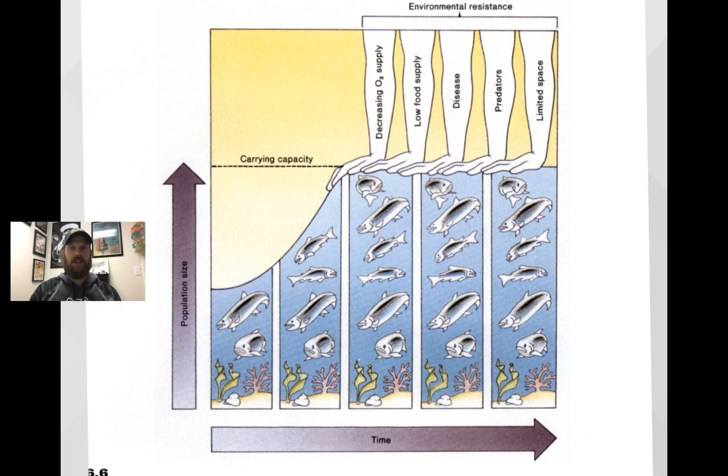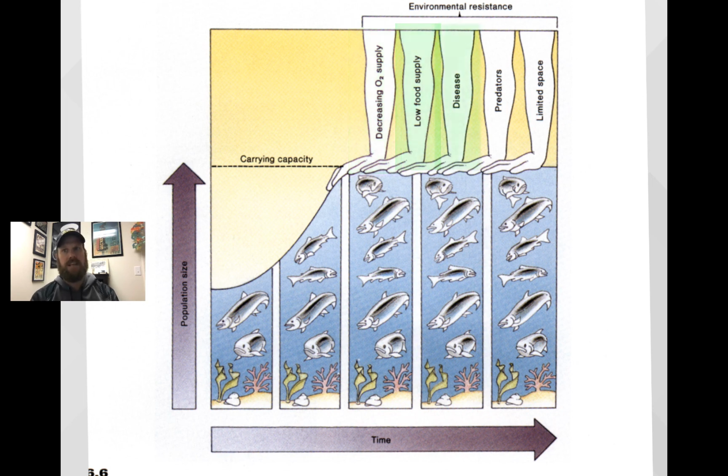This graphic is a good example of carrying capacity and the limiting factors that control the size of a population. The fish population in this aquatic ecosystem increases until limiting factors start to affect the size of the population. More fish means there is less dissolved oxygen in the water. More fish means less food.